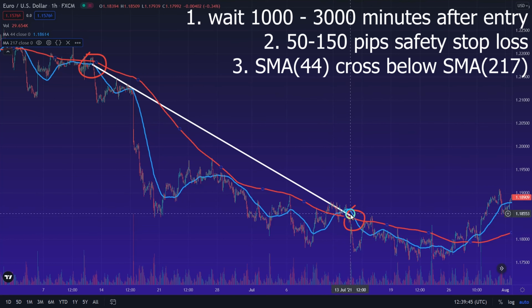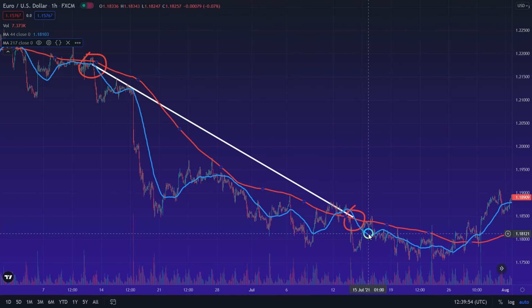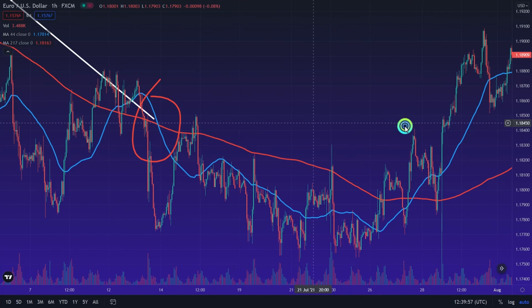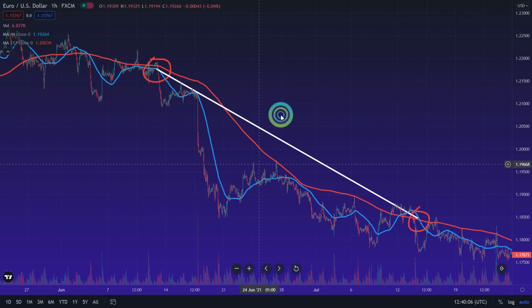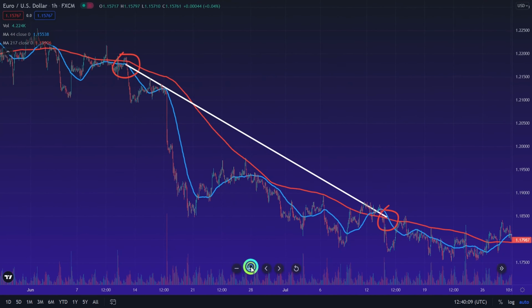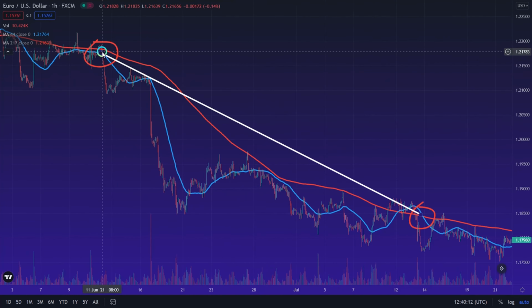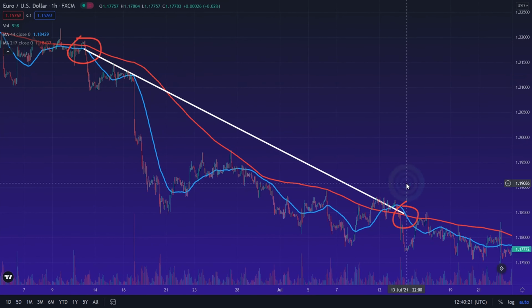And we can close our trade when the 44 period SMA crosses below the 217 period SMA. And as you see it here, it just crossed below. So there we can close our trade, because of course the market hasn't hit our safety stop loss, because we have a good strategy and the market was in our favor, and the 1000 minutes or 2 or 3000 minutes, somewhere between that range, passed.